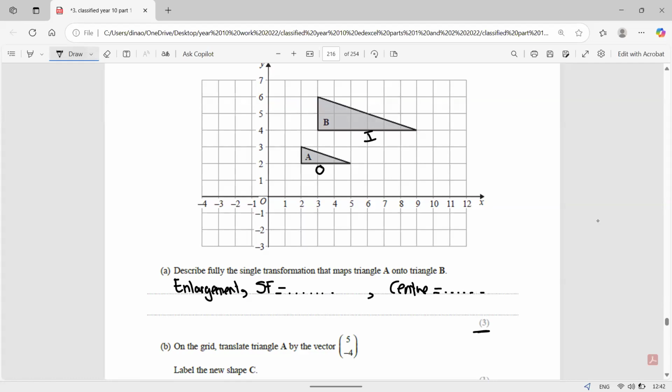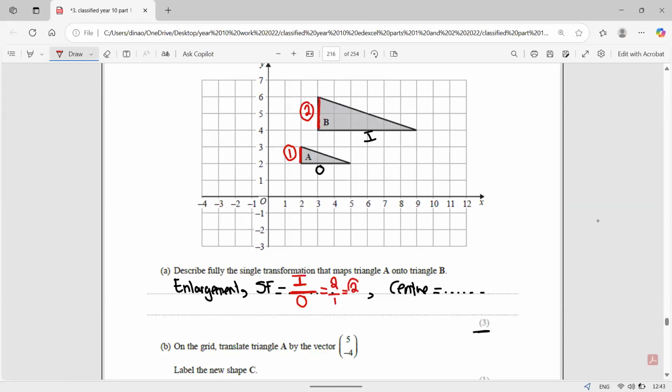Let's start with the scale factor. How do I find the scale factor? You will apply a very, very easy rule, which is the length of the image divided by the length of the object. Image over object. How do we do that? Pick a side on the image and count its squares. Pick the corresponding side on the object and count its squares, and then you just divide image over object.